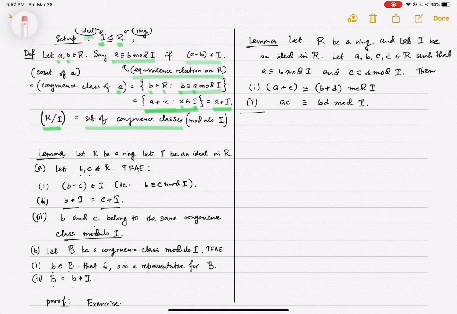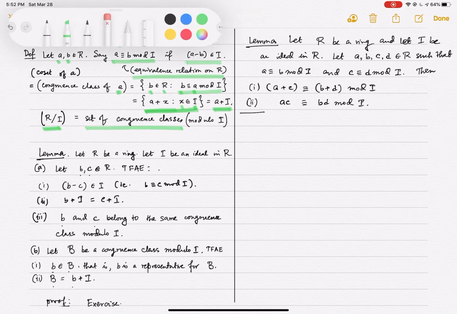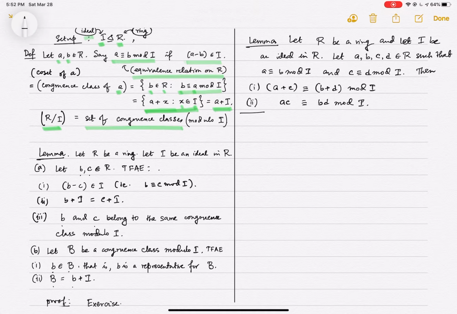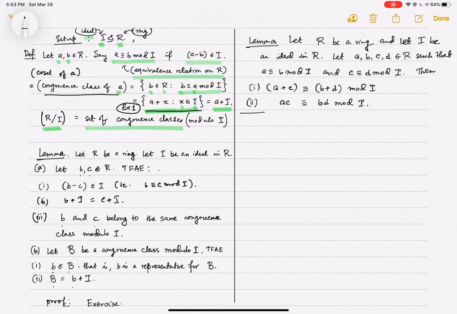Okay. So maybe I'll indicate a little bit of the proof. In fact, even before that, let's indicate a little bit of the proof of this exercise, exercise 1. It says that the congruence class of a, remember by definition that means all the b's that are related to a, happens to be this set a plus I. Let's verify at least a little bit.